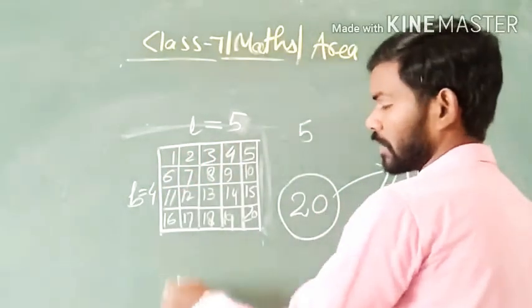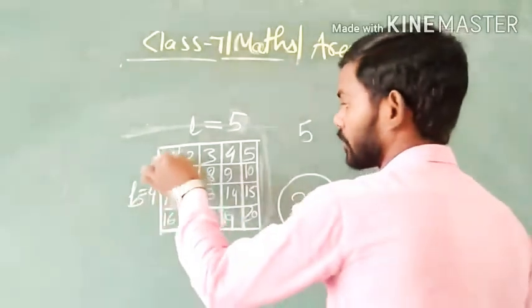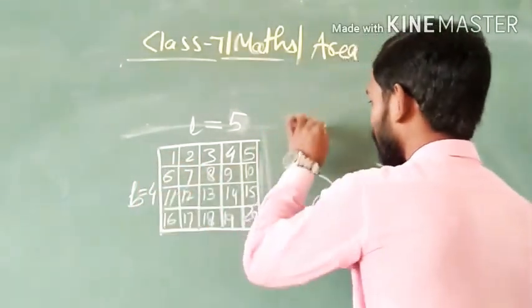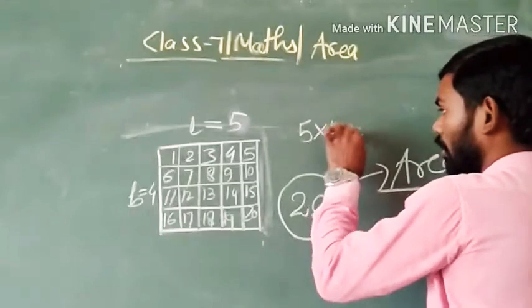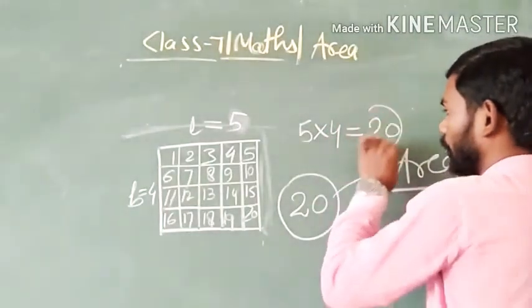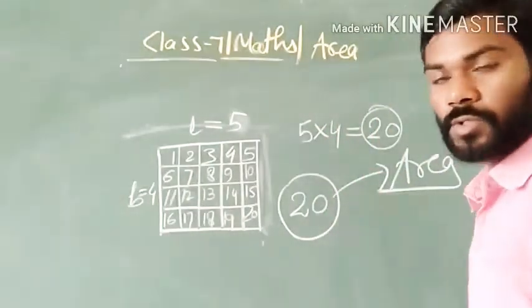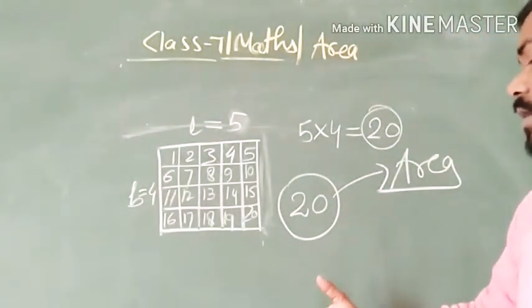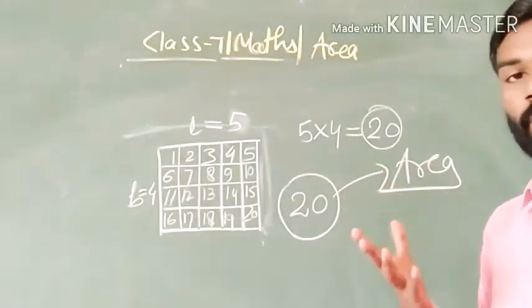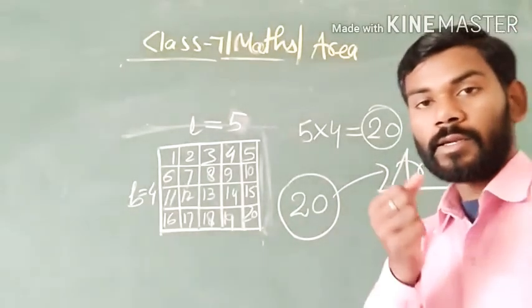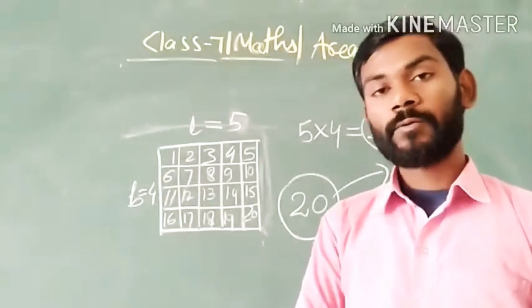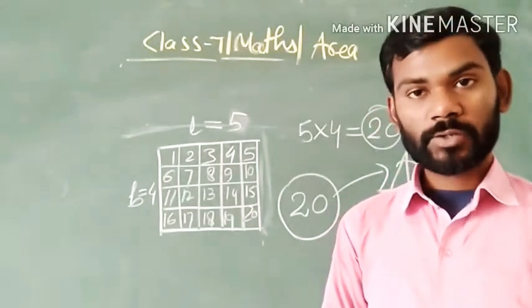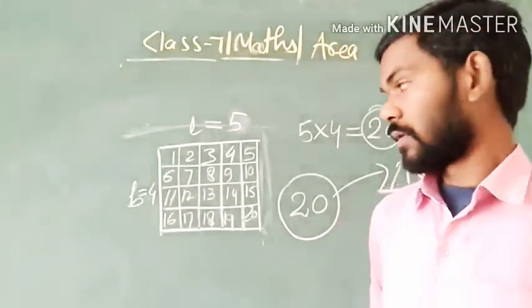And the squares along the width, that is 1, 2, 3, 4, multiplied by 4. And here we get again 20. So it may be said that just multiplying the length and the width we can also get the same result.